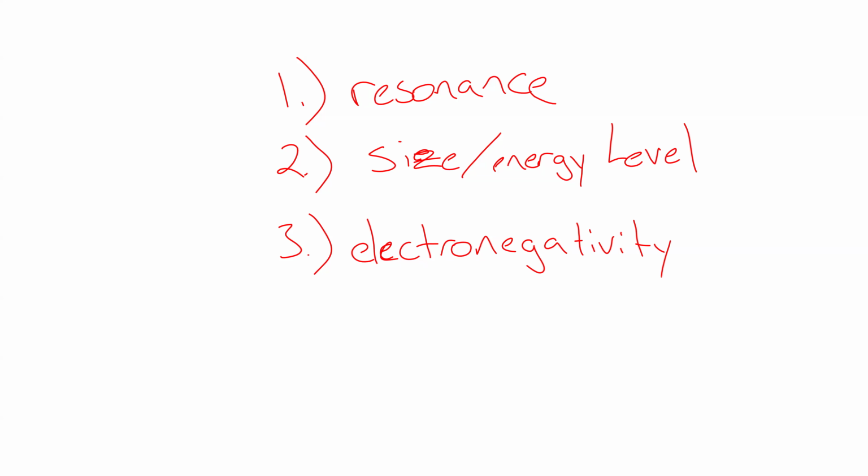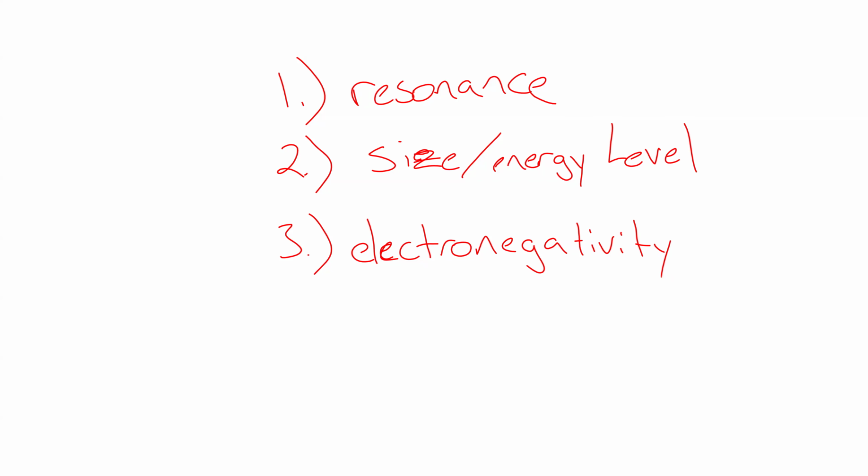When it comes to acidity, the most important factor is, do we get more resonance by deprotonating it? And then we look at the energy levels. And then we look at electronegativity if they're within the same energy level.